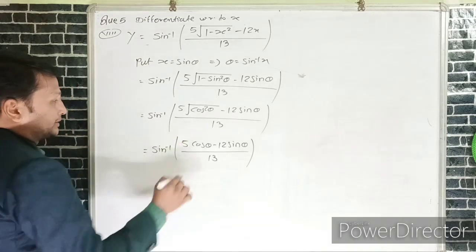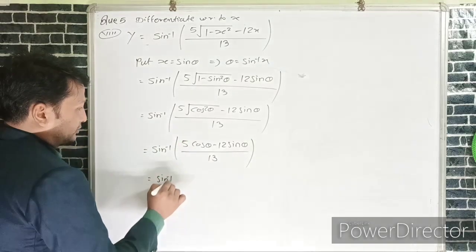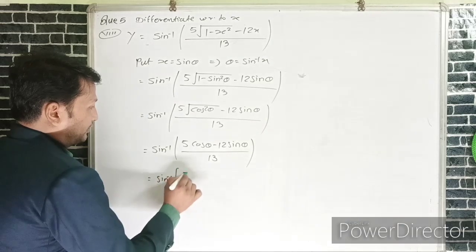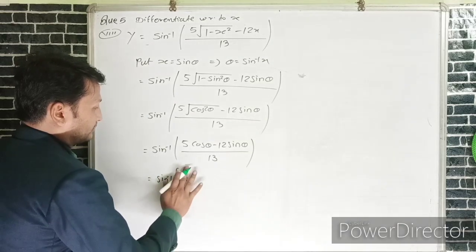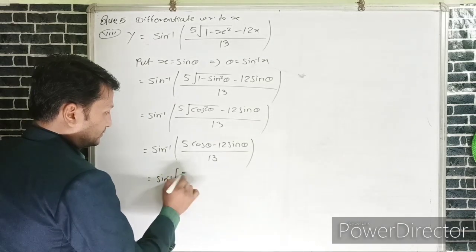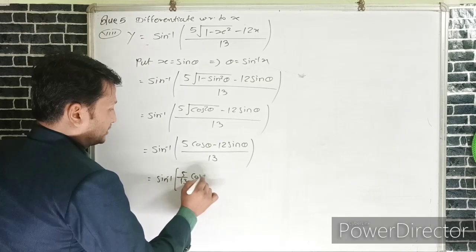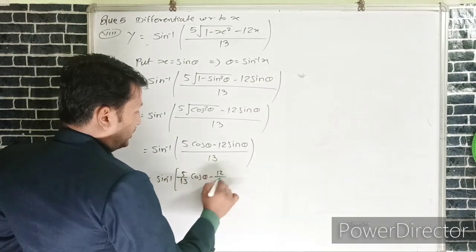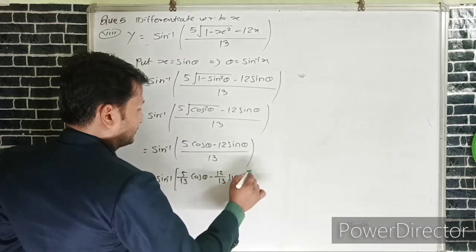Again we can rewrite it as sin inverse of 5 upon 13 cos theta minus 12 upon 13 sin theta.